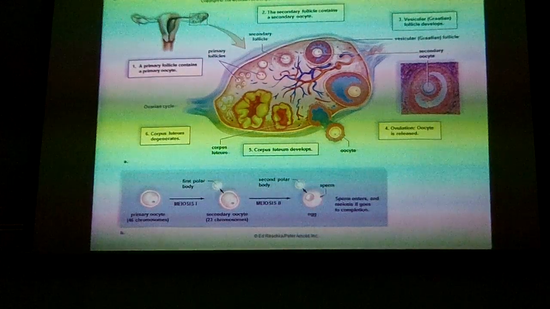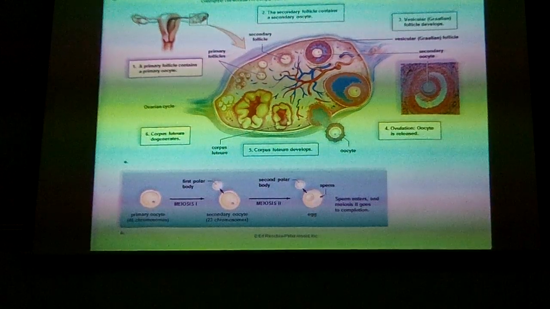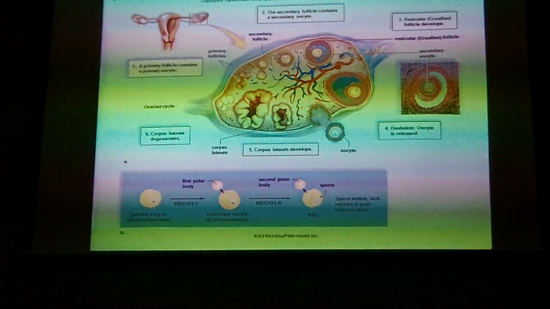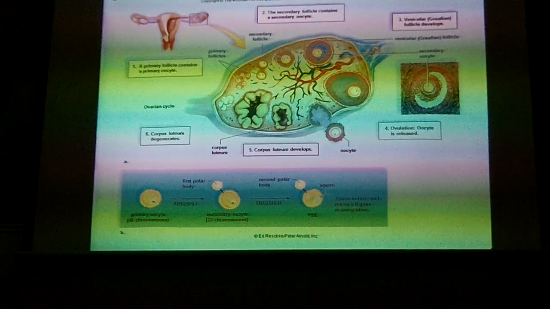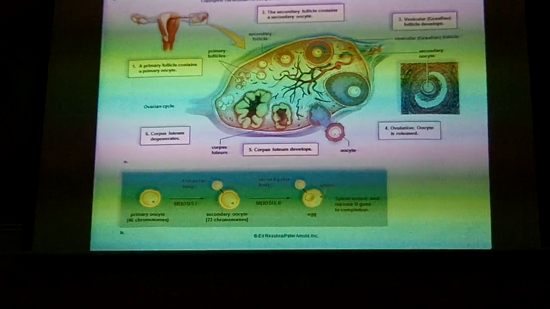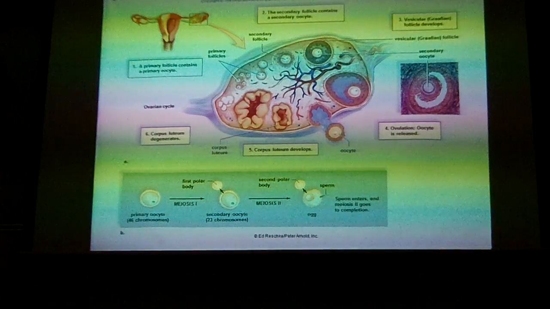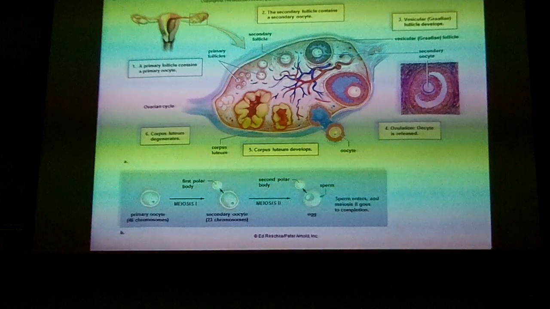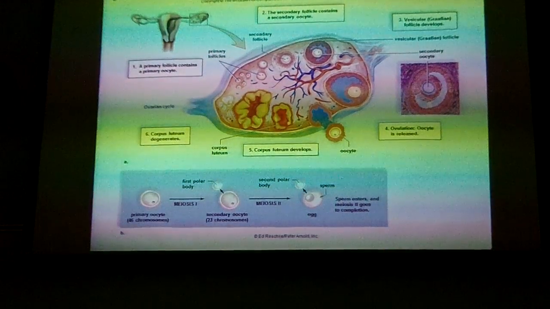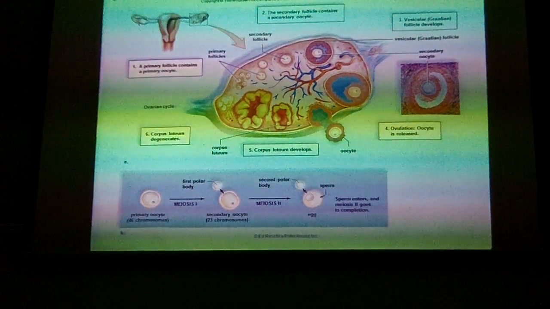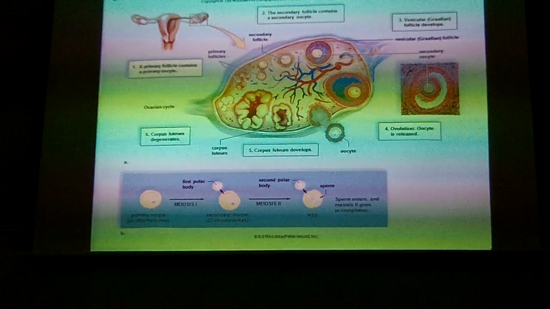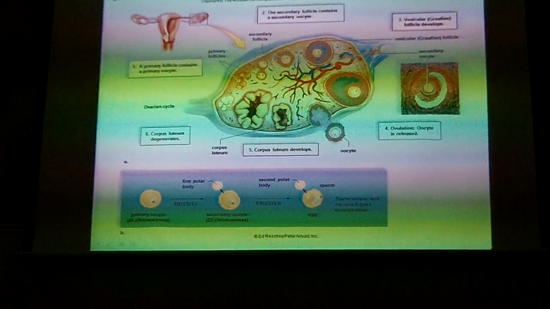And what happens is the follicle just grows bigger and bigger. And it's got an egg in the middle of it. And this takes a couple of weeks. This follicle will get bigger and bigger because of the FSH signal that came along through the blood. The follicle has cells surrounding it, which they show right here.